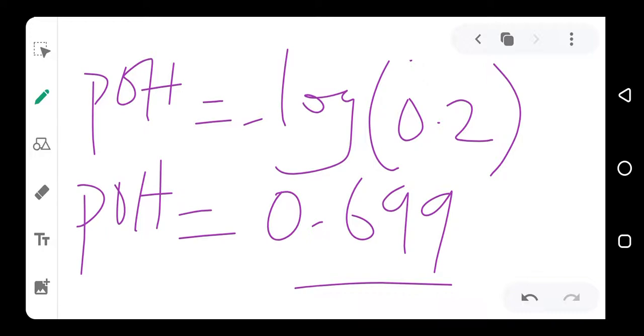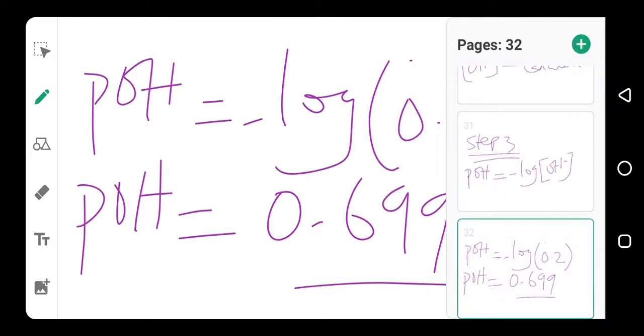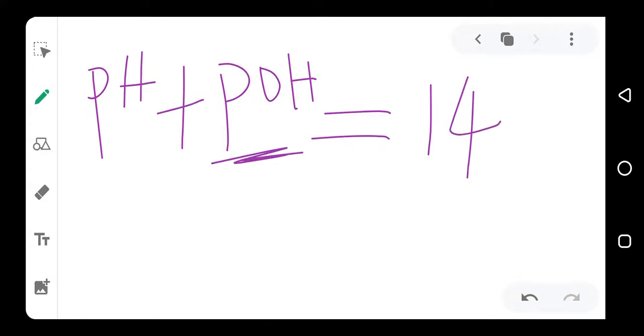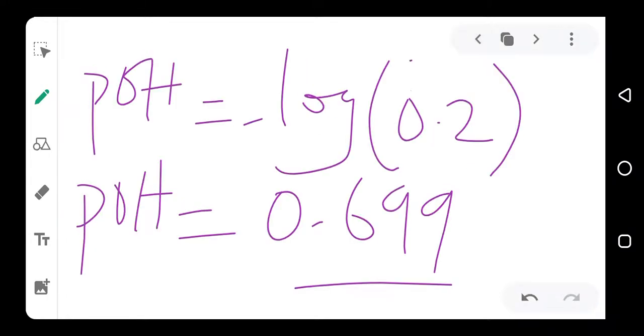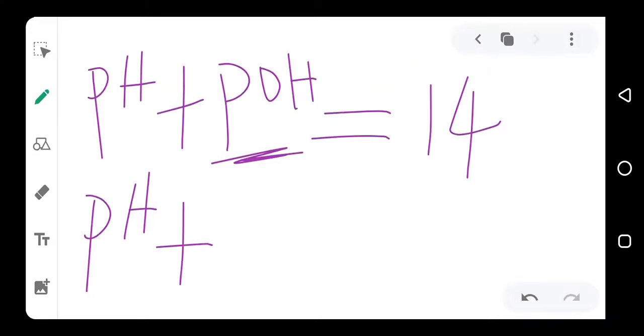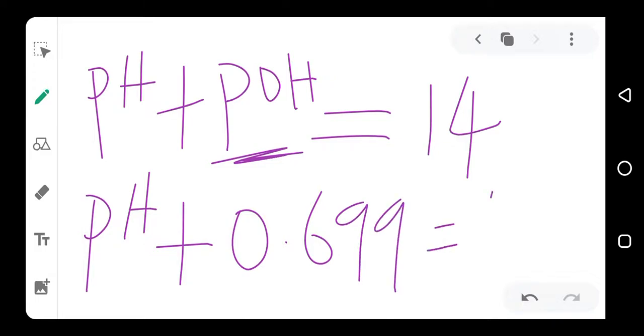Now for us to calculate pH, there is an equation I gave you that pH plus pOH, the sum of them, is equal to 14. Now we know our pOH, so we put it here and use it to calculate the pH. Therefore, pH plus our pOH, which we calculated as 0.699, is equal to 14.